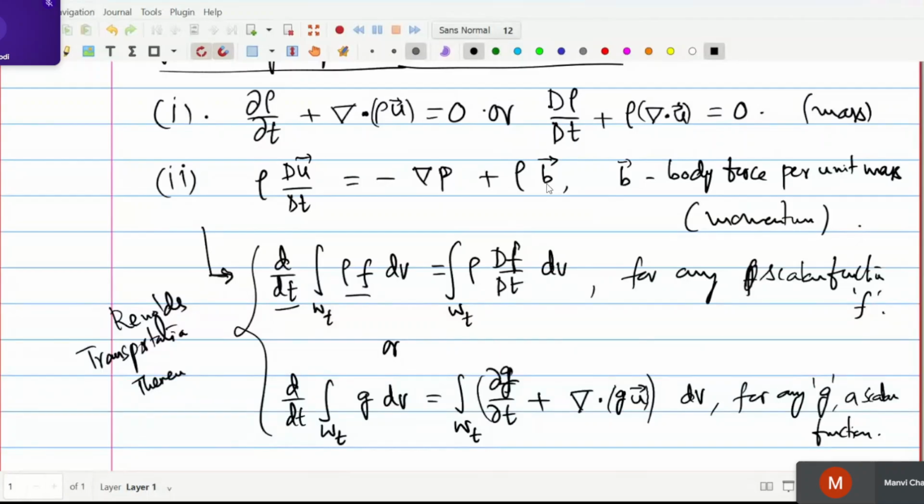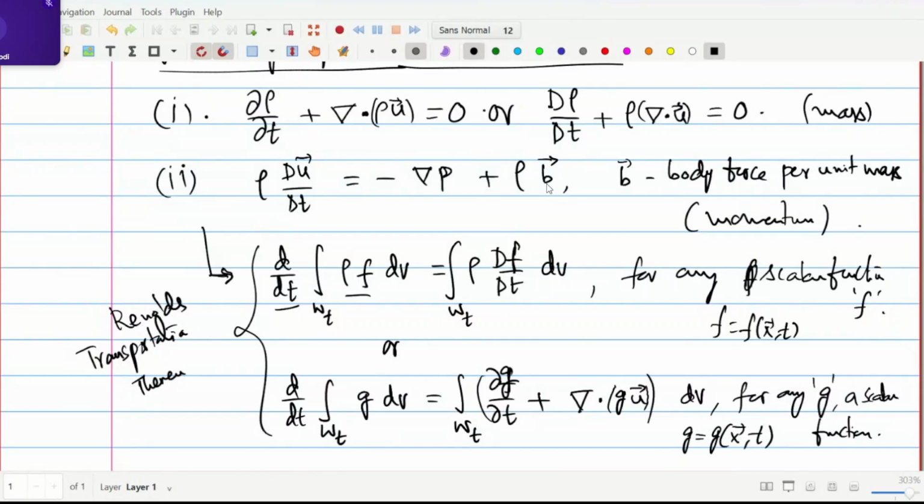Then instead of the vector function u bar, you work out for any function f of x, y, z, t, that is x of t. Similarly here g of x, t. A scalar function basically. If you do that, you derive the Reynolds transportation theorem.